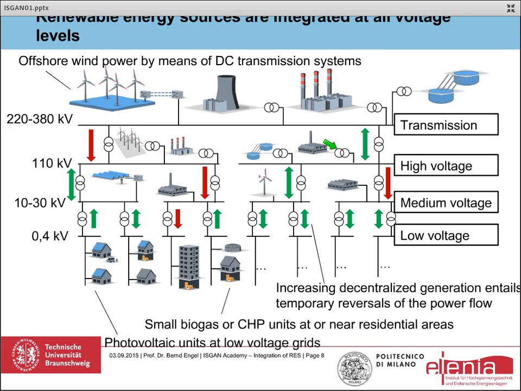Today, photovoltaic units are integrated mainly at the low voltage grid. The small roof systems or bigger systems are in the medium voltage system, sometimes in the high voltage system.